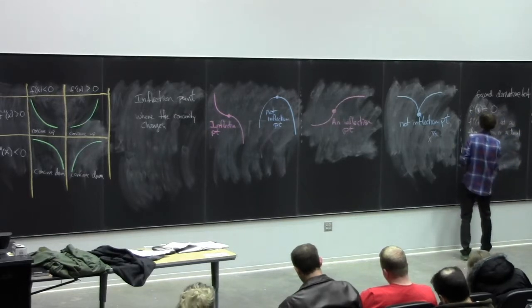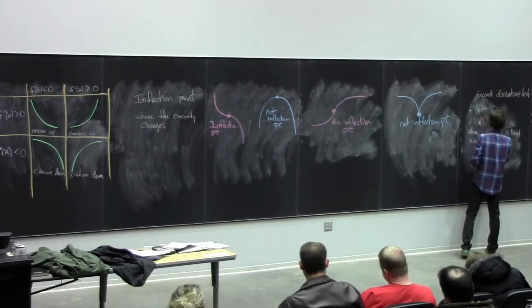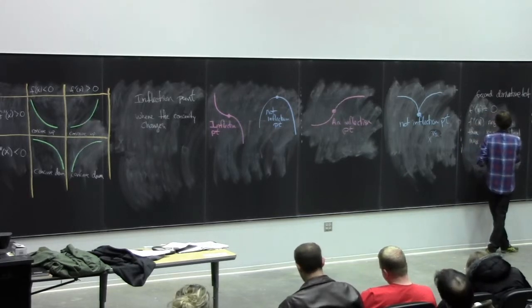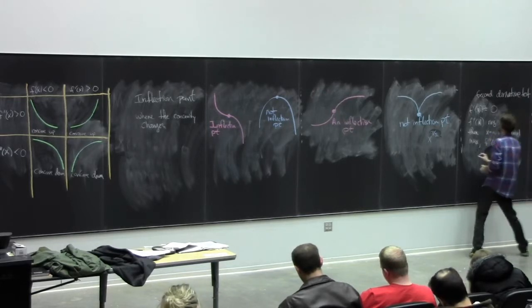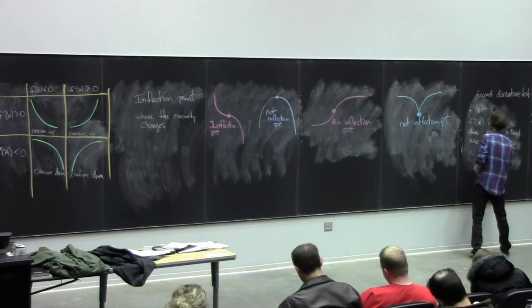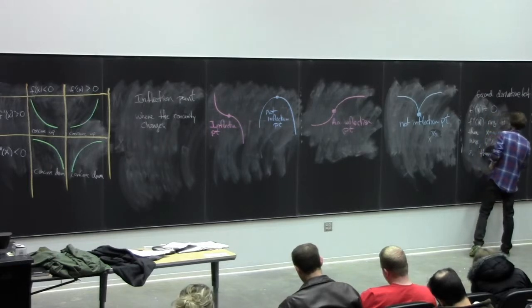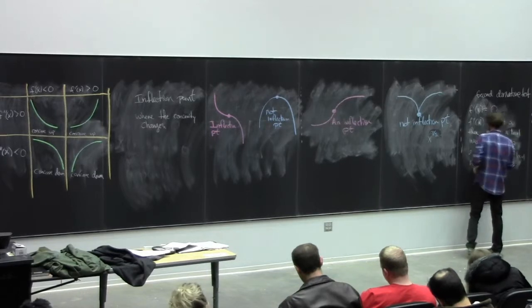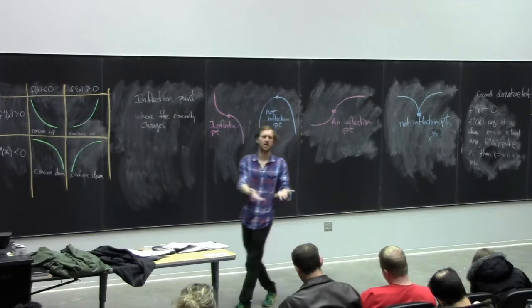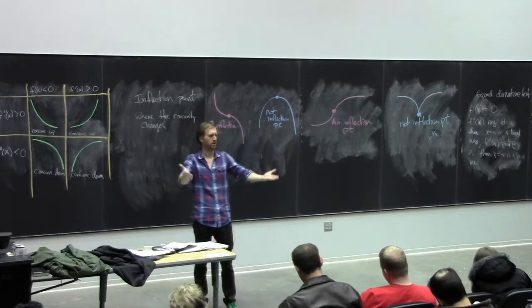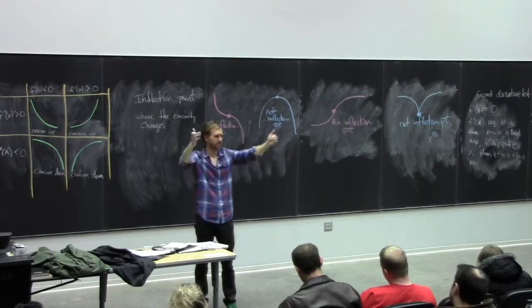And likewise, if f double prime of a is positive at a, then x equals a is a local min. If f double prime is positive, that means it's concave up. It looks like this, right?